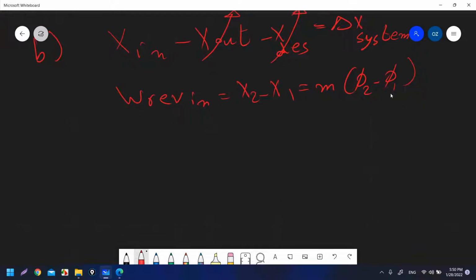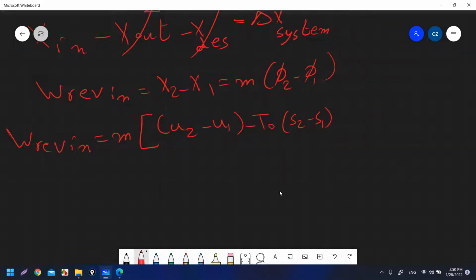So let's substitute in this equation. Work reversible in will equal m (phi2 minus phi1), equal to u2 minus u1 minus T0 (s2 minus s1) plus P0 (v2 minus v1), and we said that v2 minus v1, it is a rigid tank, so this term will be 0.